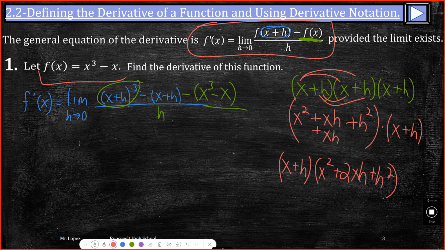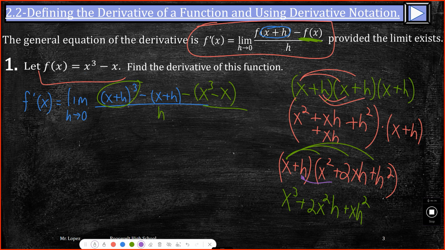And then we're going to multiply this out. X times x squared is x to the third. X times 2xh is 2x squared h. X times h squared is xh squared. H times x squared is x squared h, so I'll put it underneath.